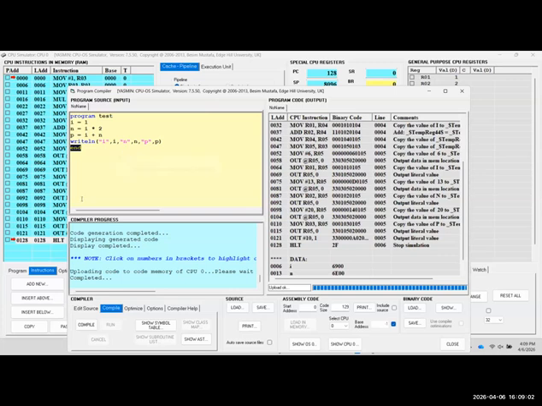For this program, when it is compiled, the instructions are generated. It's a 6-line program, but it generates this many instructions, correct?